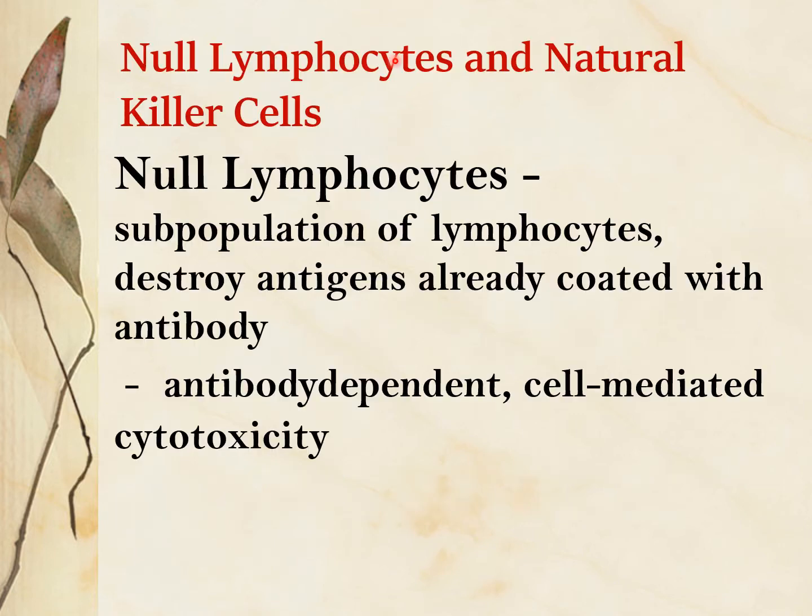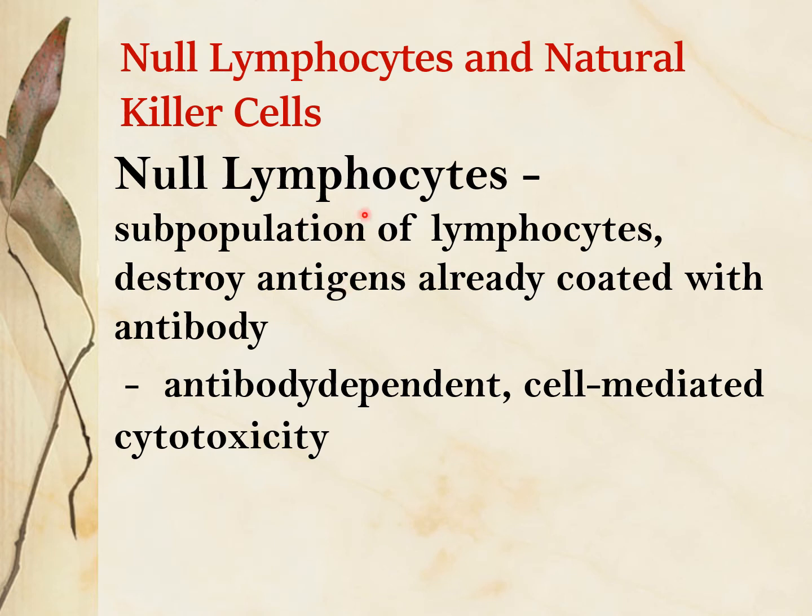The null lymphocytes and the natural killer cells are other lymphocytes that assist in combating organisms. These cells are distinct from B cells and T cells, and lack the usual characteristics of those cells.